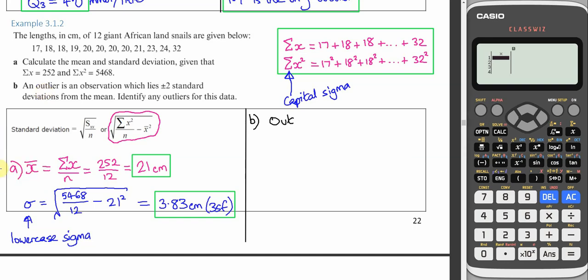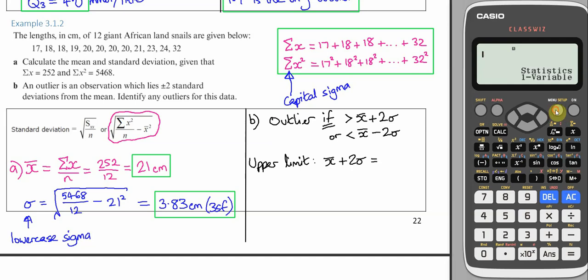So that means a value is an outlier if greater than the mean plus 2 standard deviations or smaller than the mean take away 2 standard deviations. So let's work out those limits now.